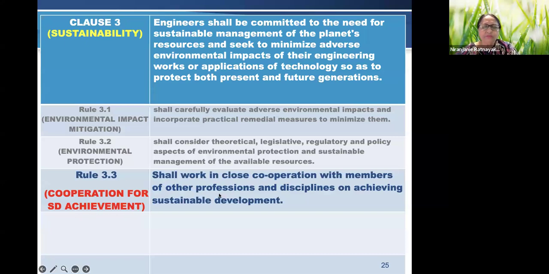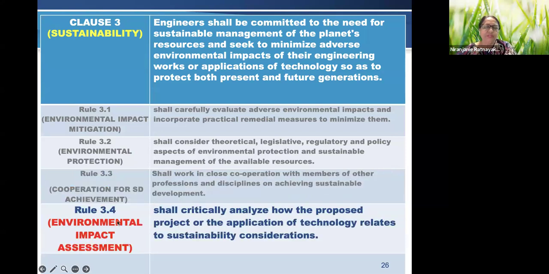So it's not only us, not only the engineers, we have to work with other professionals because there are the scientists, the town planners, the architects, everyone, sociology, everyone will have to be consulted and we have to work together with them because sustainable development is not just one profession's work, it is every professional's responsibility.